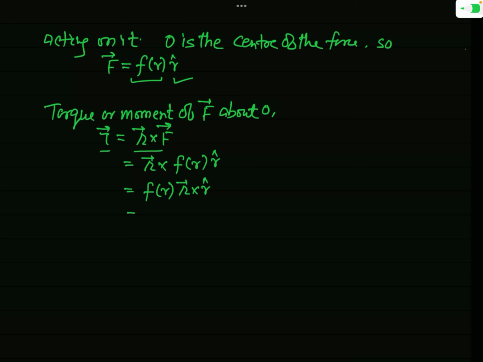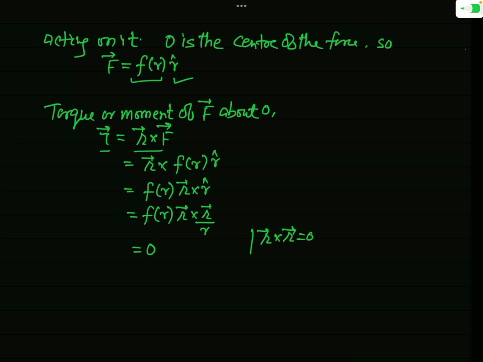But r hat is a unit vector directed along the radius vector r, so r hat is simply equal to r over r. And this will be equal to 0. Why? Because r cross r is equal to 0.